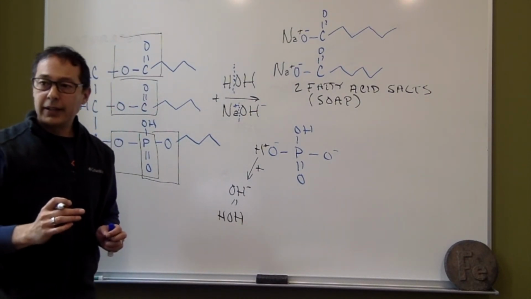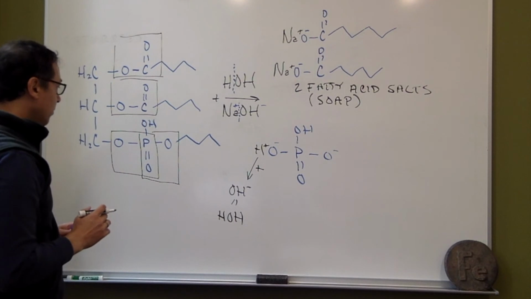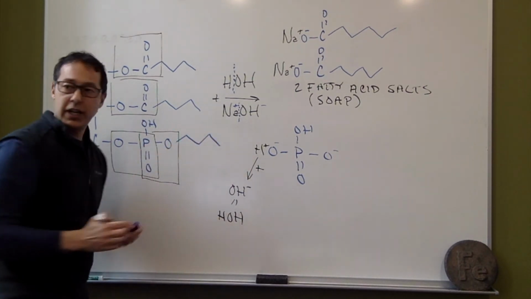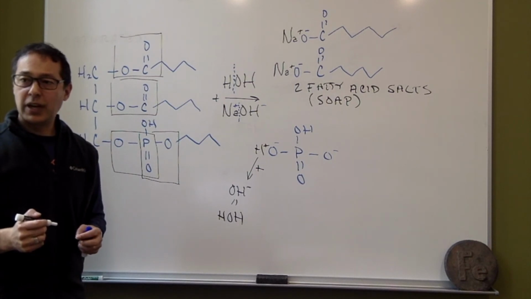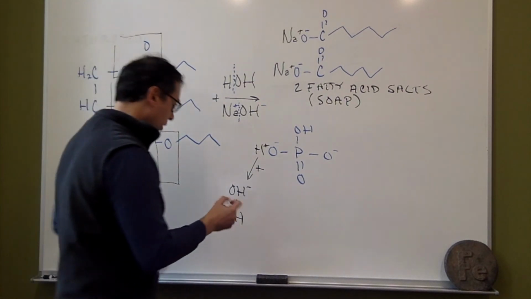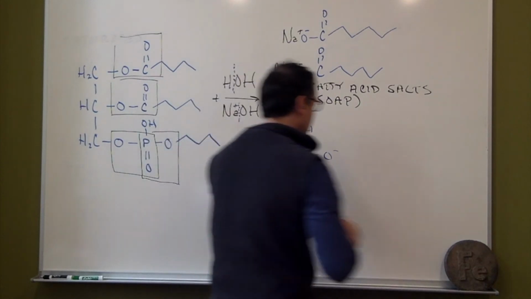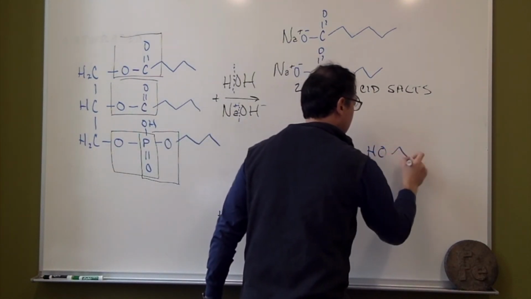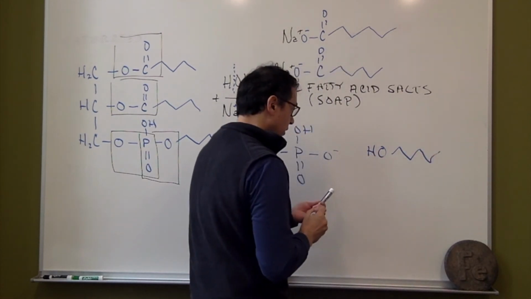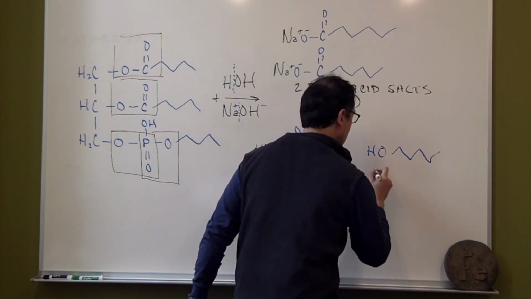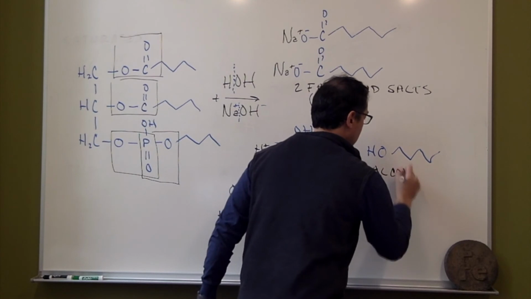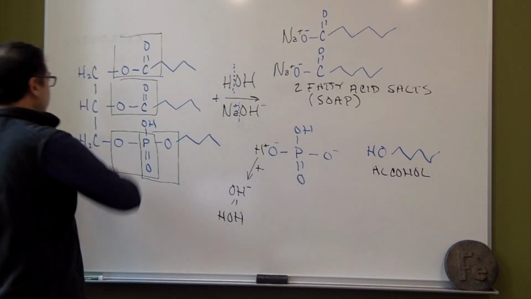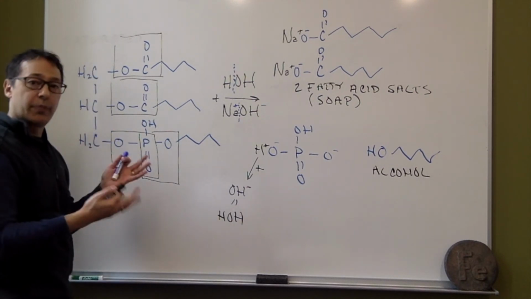And then what do we end up left with? We have this chain right here. That chain ends up becoming an alcohol, so that would be OH and a carbon chain like that. We'll call this an alcohol. And then we also end up with our glycerol, the backbone here.